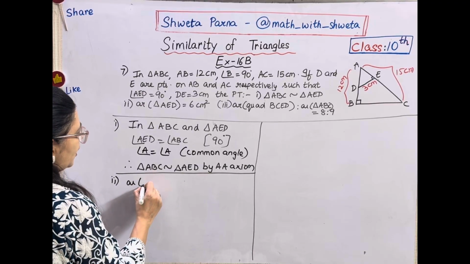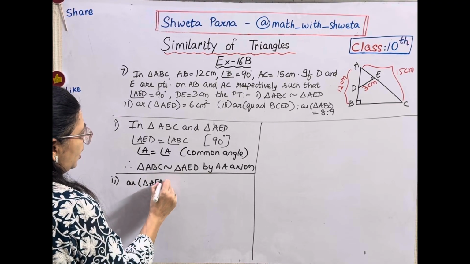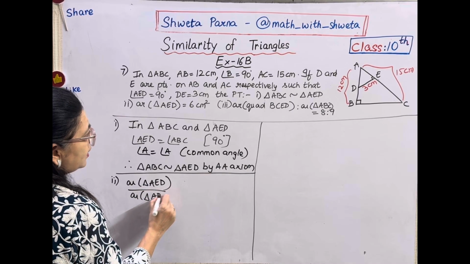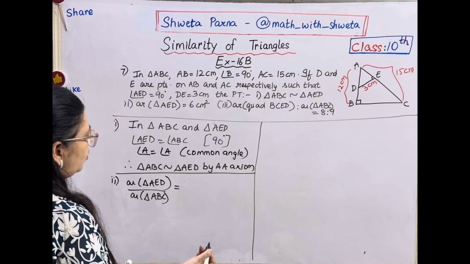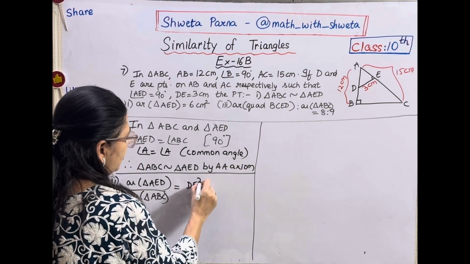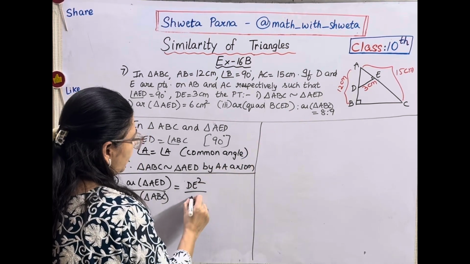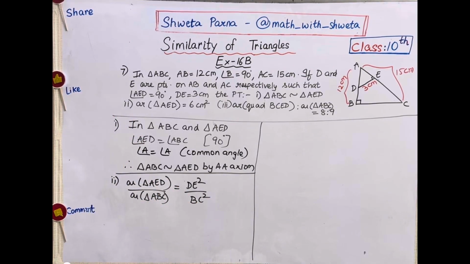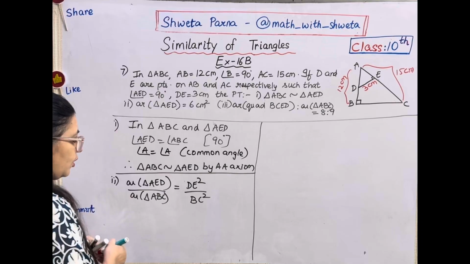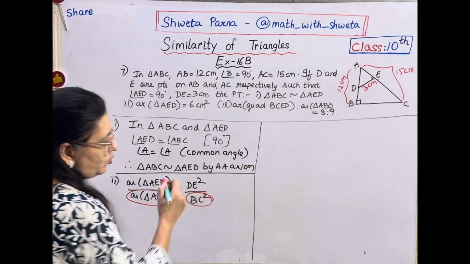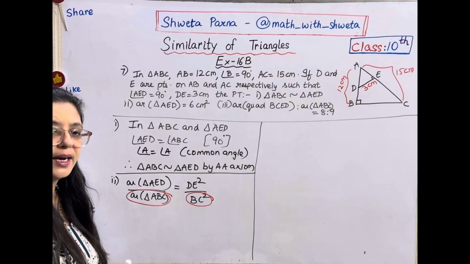So, area of triangle AED upon area of triangle ABC is equal to DE square upon, corresponding for ABC, BC square. This is what you want. What things you don't have? You don't have area of triangle ABC. You don't have BC square. So first you will find these two.